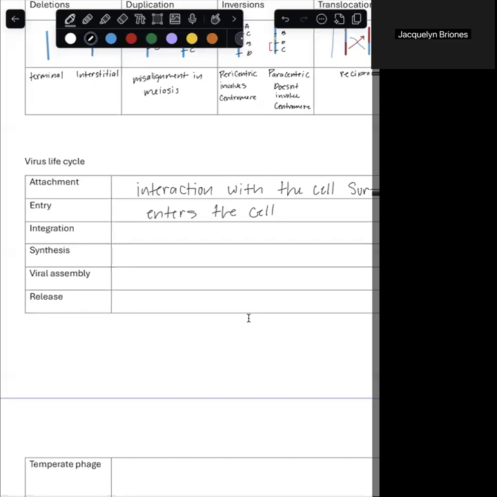Remember, this can be different. It can come through a vesicle or just straight inject itself. Integration. Again, this is not the same for all viruses. Not all viruses do this step. We have the integrase enzyme, which inserts viral genetic information into the host chromosomal DNA. So know what that is.